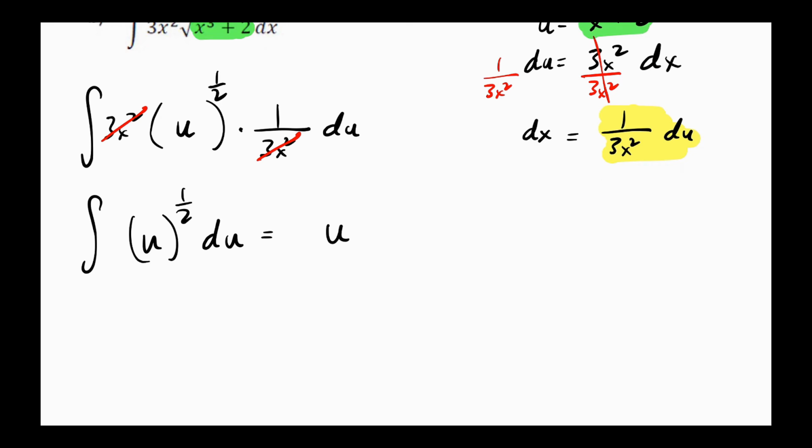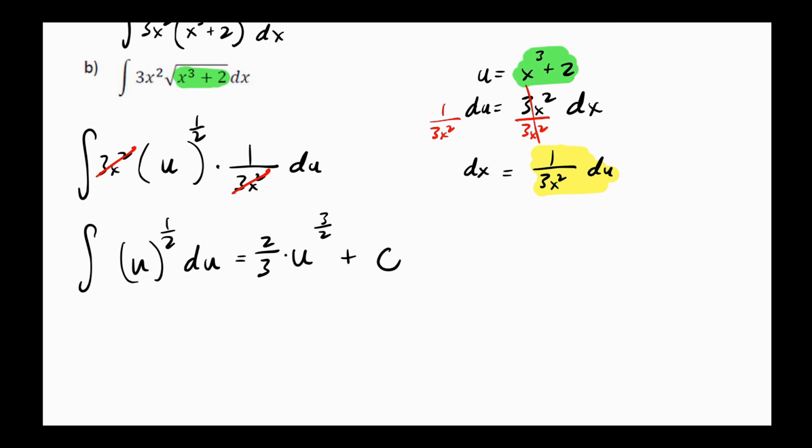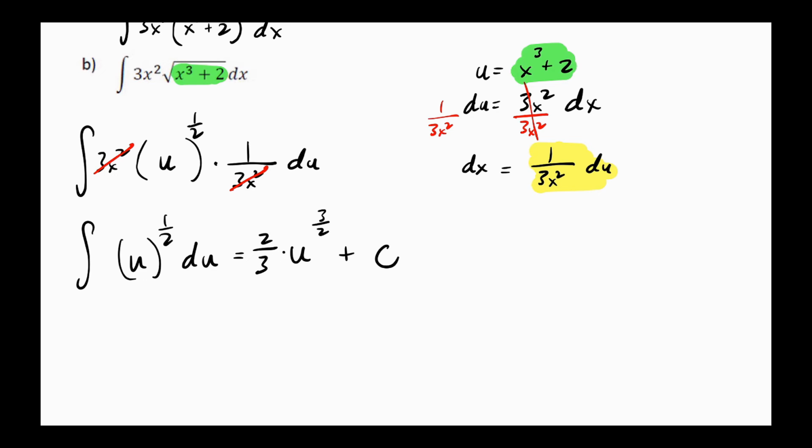I add 1 to the power. So if I add 1 to the power, it's going to be 3 over 2. Divide by 3 over 2. Well, when I divide by 3 over 2, you're really just multiplying by the reciprocal of 3 over 2, plus c. Move everything back in.